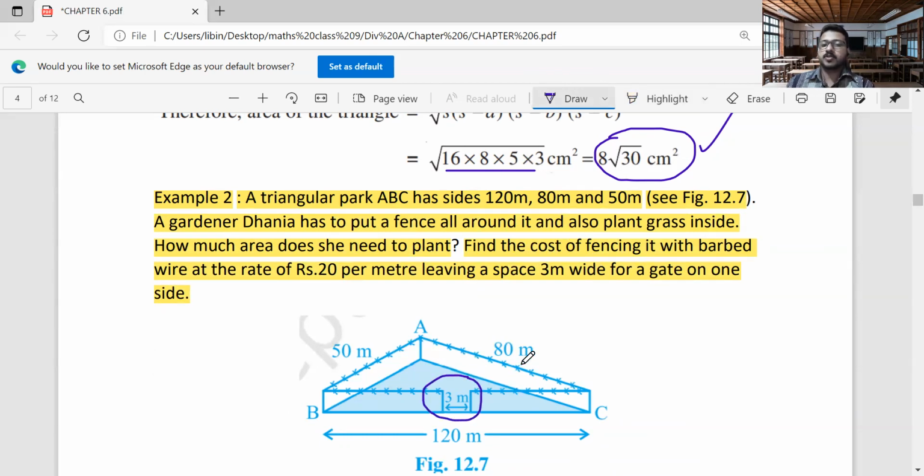A 3 meter part should be left open. Why? Because we need a gate opening to enter that garden. And per meter, it costs rupees 20. What is the total cost? That is our first question. Now, the next question is, how much area does she need to plant? She has to plant grass inside, so how much area should it cover?